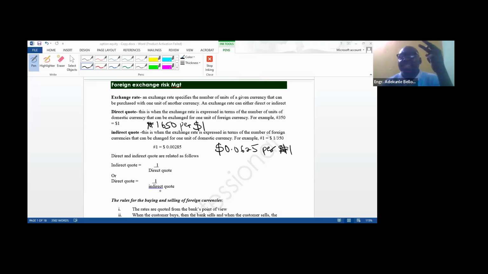We have defined exchange rates. We have explained exchange rate quotation, direct quotation, or indirect quotation.